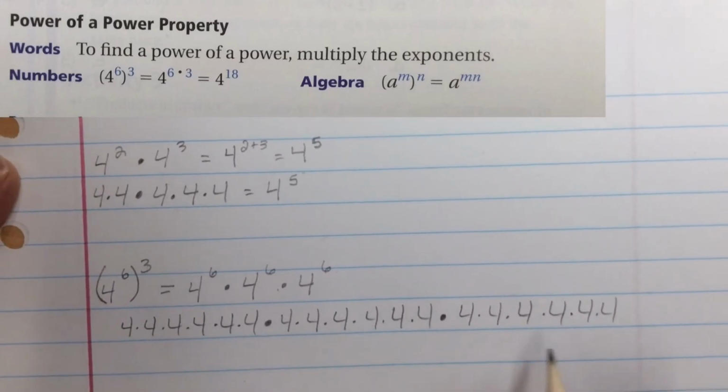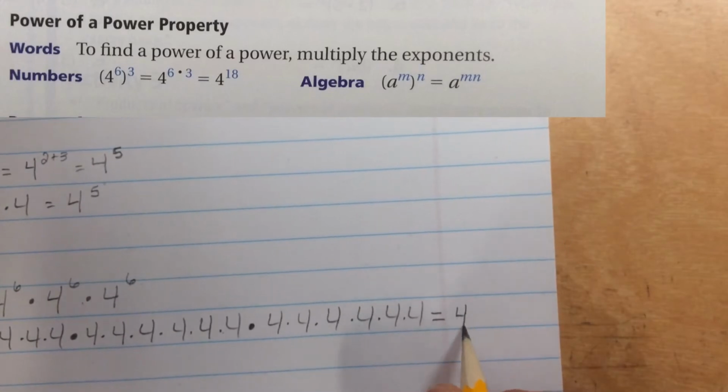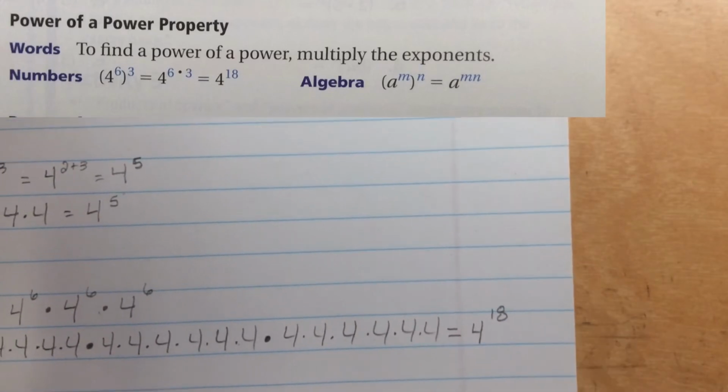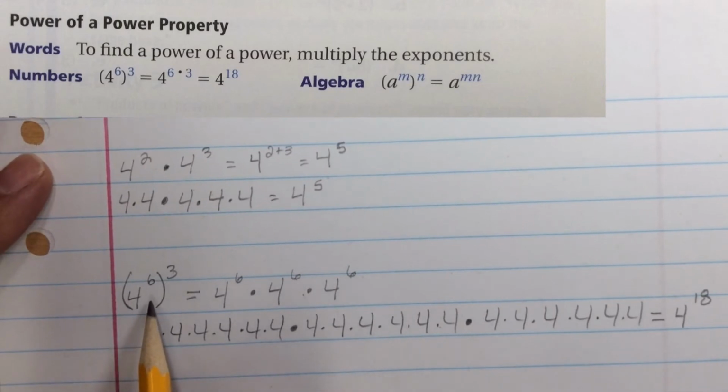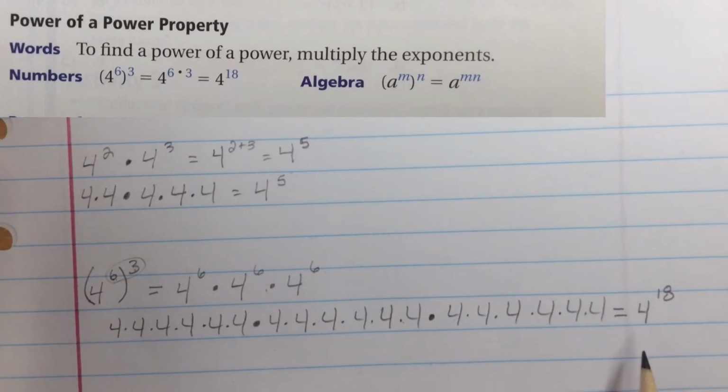And we look, and we add all those up, and we've got actually 18 4s there. 1, 2, 3, 4, 5, 6, 7, 8, 9, 10, 11, 12, 13, 14, 15, 16, 17, 18. So this really equals 4 to the 18th power. And we go back, and that's why they said, really all we have to do is multiply these two. When a power is raised to a power, multiply those two. If you forget that rule, you can always just write out what it means and come up with the property all on your own.